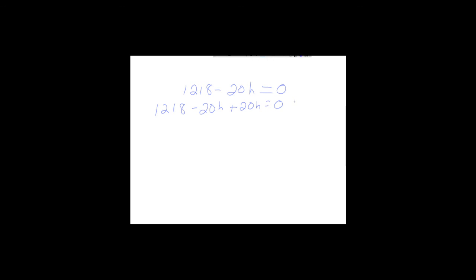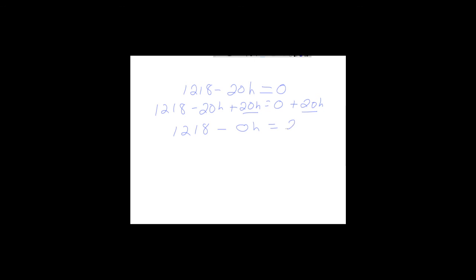I've got to do this to both sides of the equation. I did this here, I do it there. Well, 20h minus 20h is just 0 h's, so that's 0. So I'm at 1,218 minus 0 h's. And 20h plus 0 is just 20h.